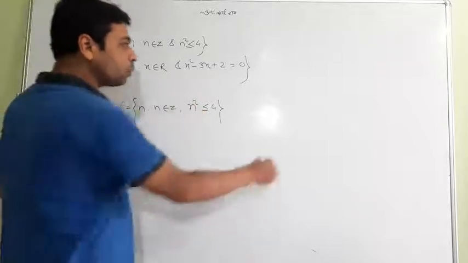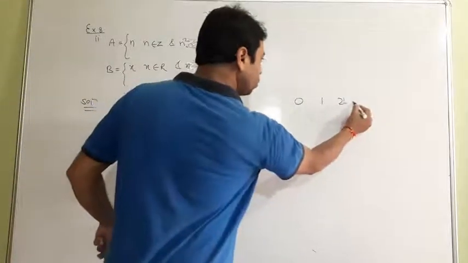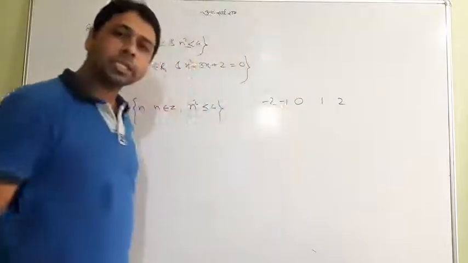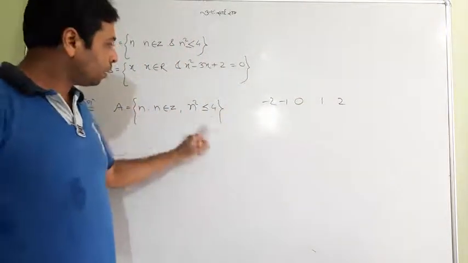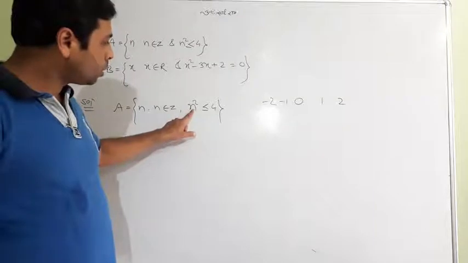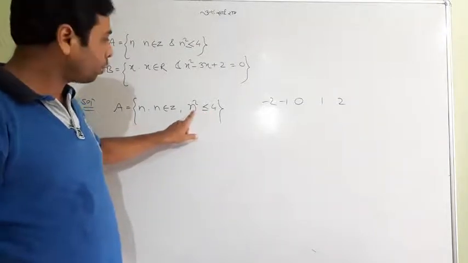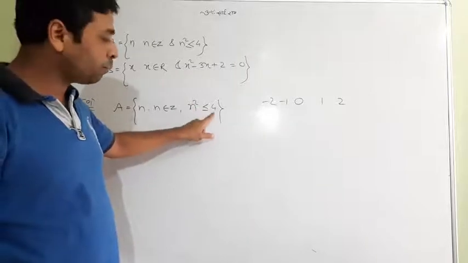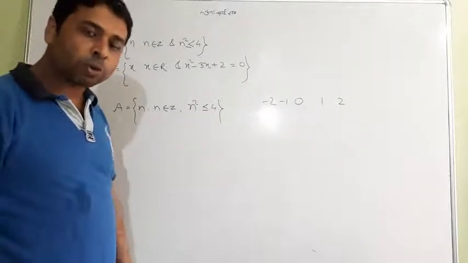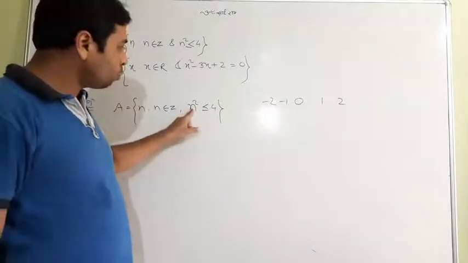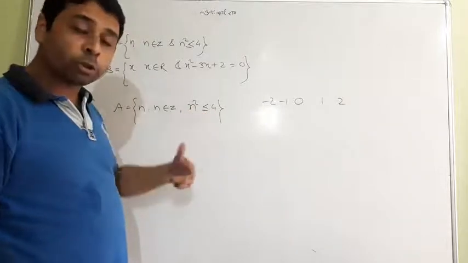You know integers are 0, 1, 2, minus 1, minus 2. So put them one by one. Put 0: 0 square is less than 4, true, so 0 is an element. Put 1: 1 square is less than 4, true, so 1 is also an element. Put 2: 2 twos are 4, which is equal to 4, so it is also an element.